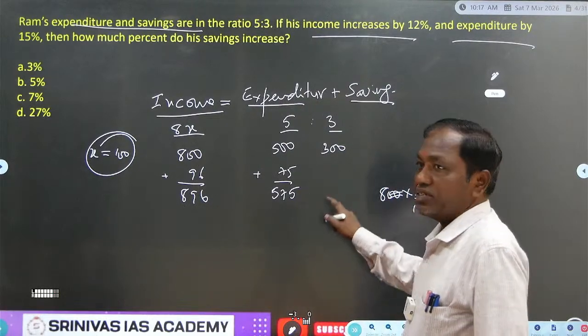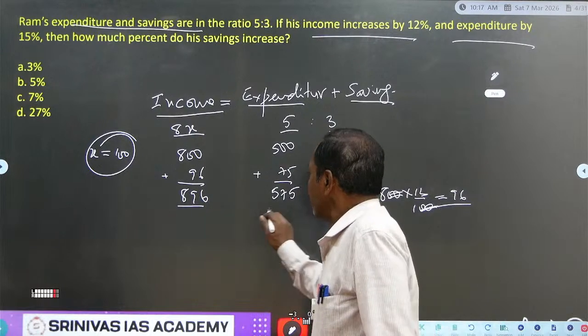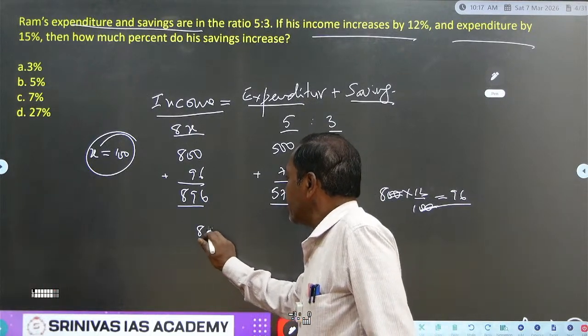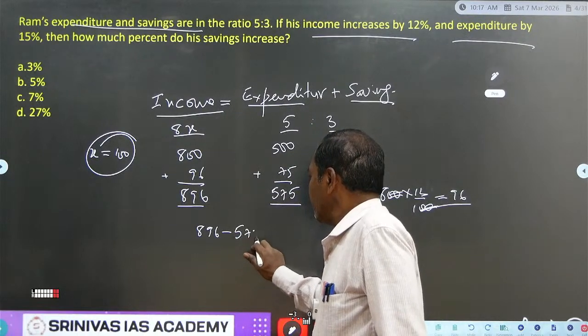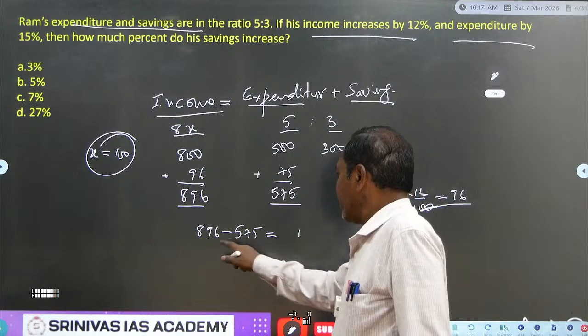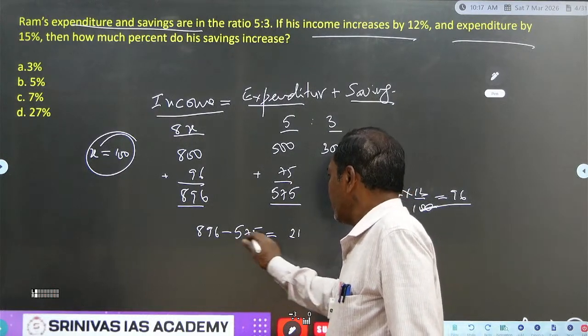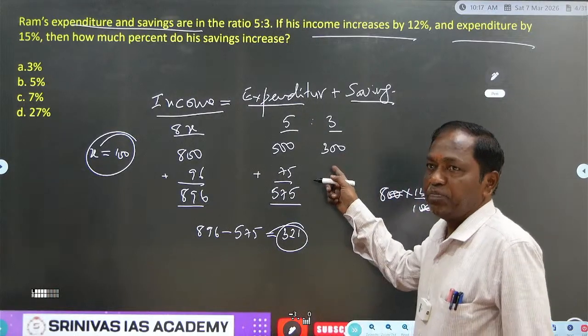Then what would be the savings percentage increase? The total money is 896 minus expenditure 575. 6 minus 5 is 1, 9 minus 7 is 2. This is 321, while already 300 rupees of savings is there.